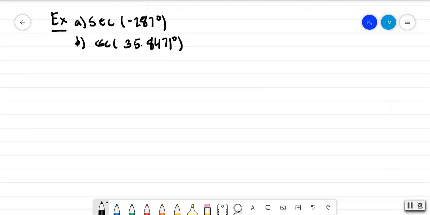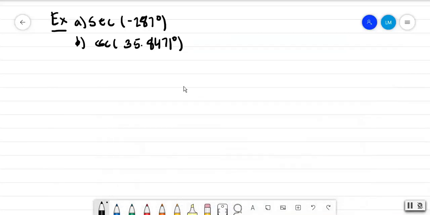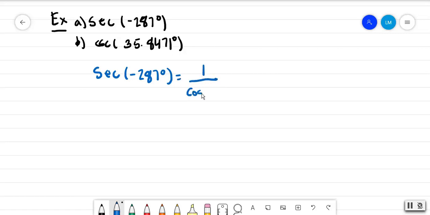If you look at the calculator, there is no secant, cosecant, and cotangent. But interestingly enough, we do have a method that we can do this. One of the first steps that you're going to have to do is say that secant of negative 287 degrees is equal to 1 divided by cosine of negative 287 degrees.